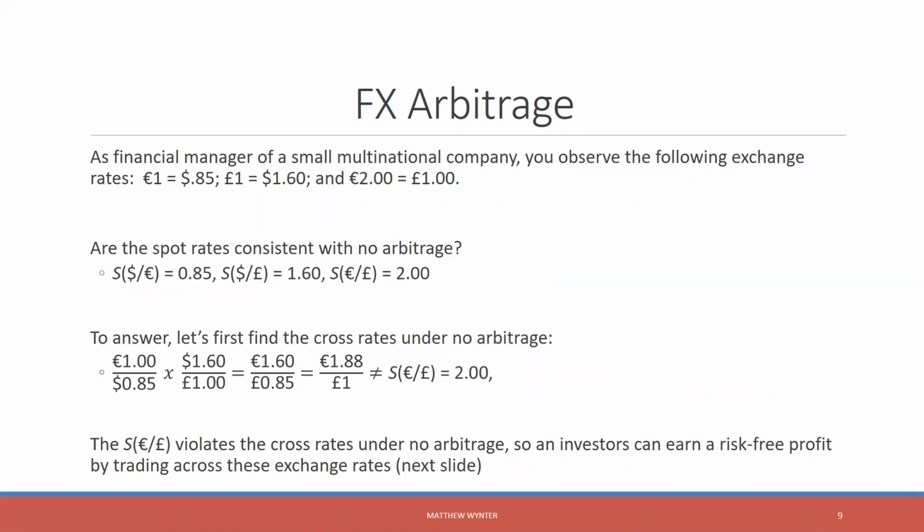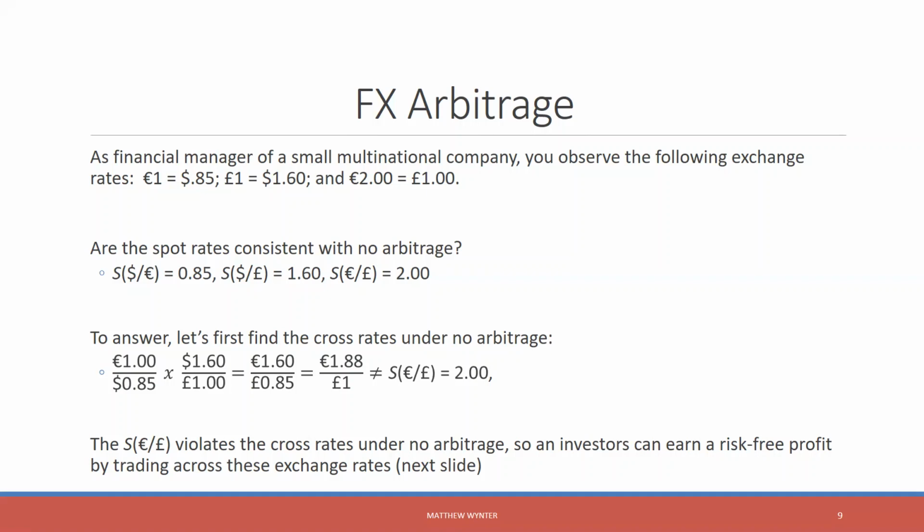We find that if we take the spot rate for the dollar to pound and for the dollar to euro, it does not imply the spot rate that's given here for the euro to pound. The spot rate that's being offered in the market says that £1 should cost me €2.